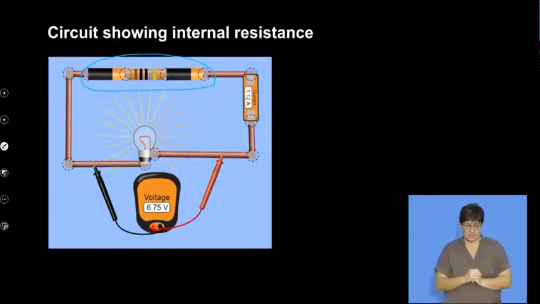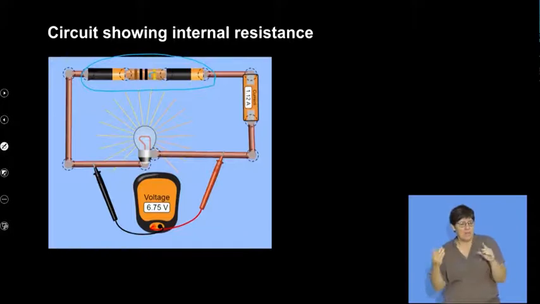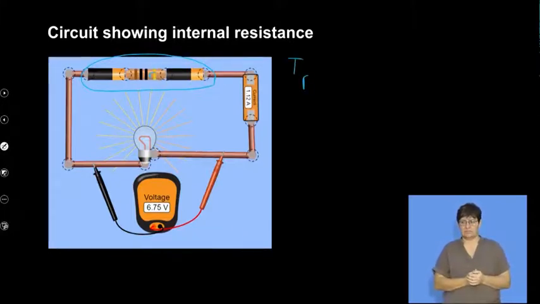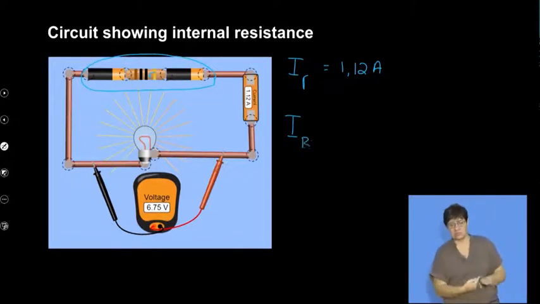Now, there is current passing through the battery, which is the same current. So how much current passes through the internal resistor? The current that passes through the internal resistance of the battery in this case is equal to 1,12 amperes. But what's the current that passes through the light bulb, right?